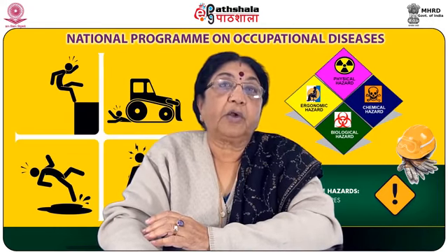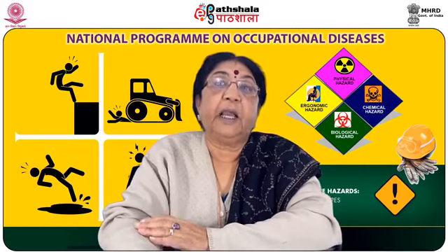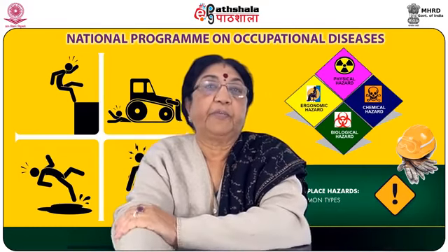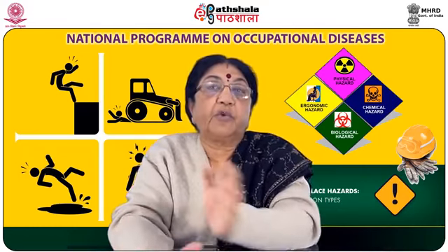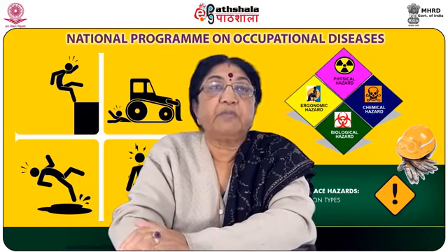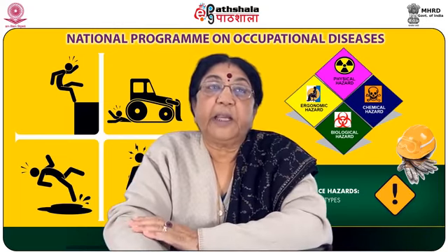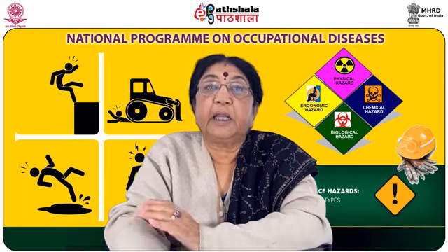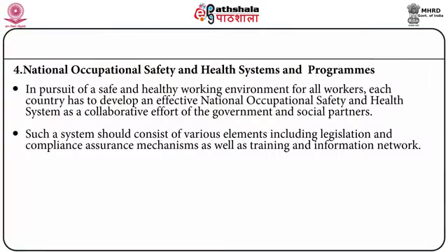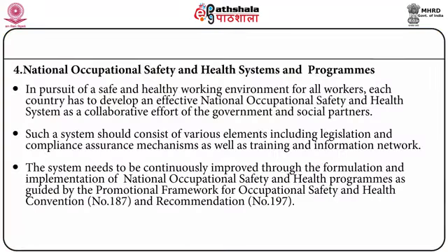Now, national occupational safety and health systems and programs. When we have talked so much about this, it becomes important that we create a safe and healthy working environment for all these workers at different places. So each country has to develop an effective national occupational safety and health system as a collaborative effort of the government and social partners.